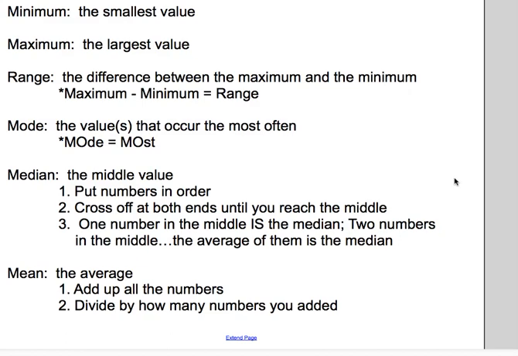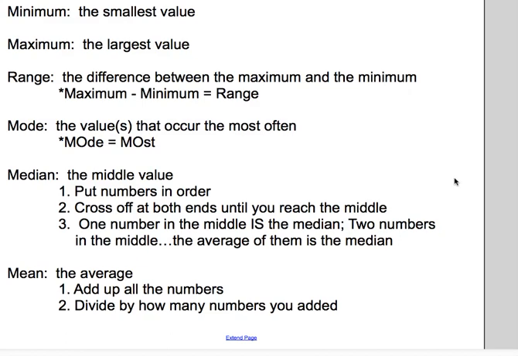If you get to the middle and you've got two numbers in the middle, that's going to happen anytime you have an even number of values on your list, you have to find the average of those two numbers in order to know the median. For example, if your two numbers in the middle are 18 and 20, then your median is going to be 19.